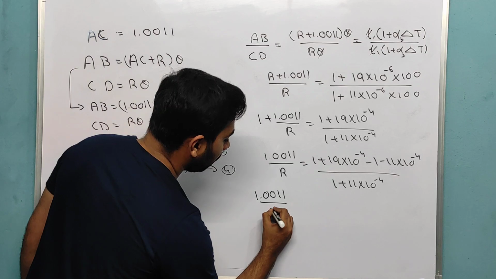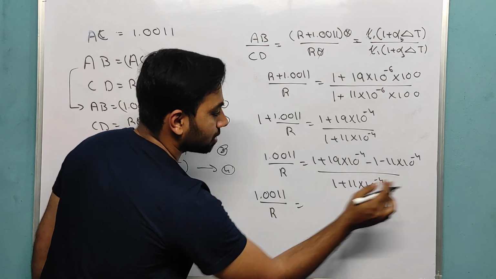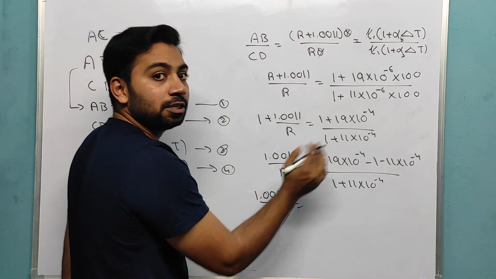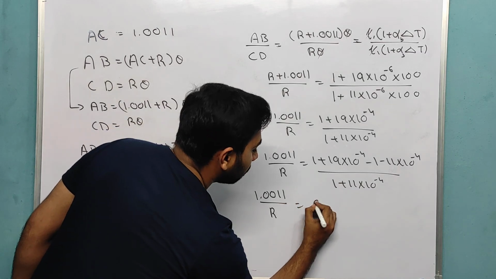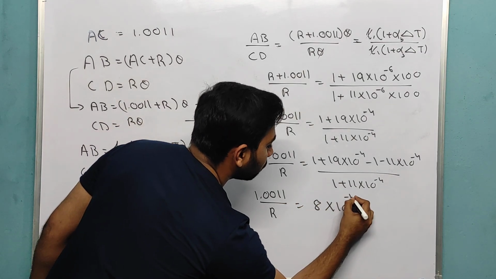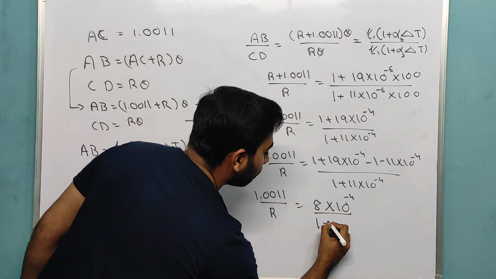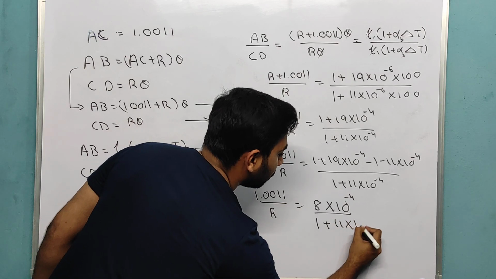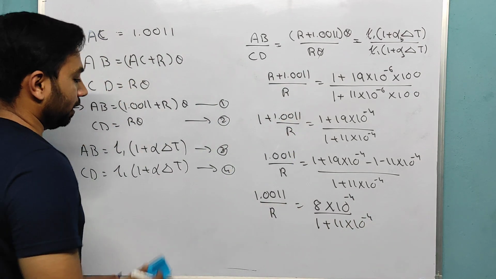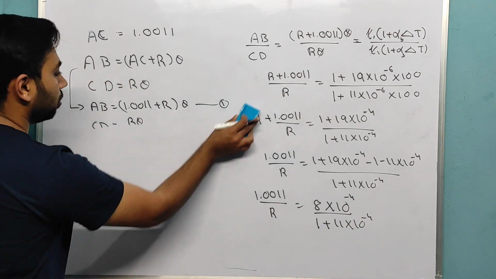1.0011 divided by R is equal to minus 1 plus 1 cancel. Then 19 and 11 are there, which becomes 19 minus 11, 8. 8 into 10 to the power of minus 4 into 1 plus 11 into 10 to the power of minus 4. Alright, fine. Now I will rub this side.